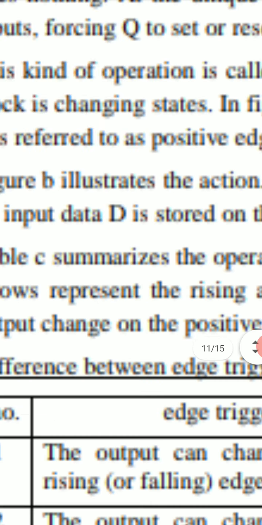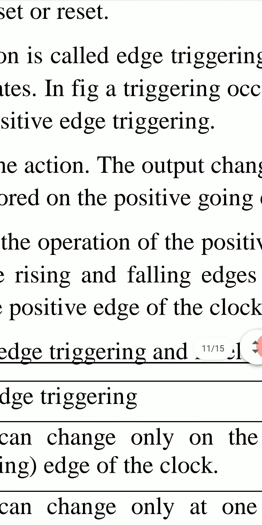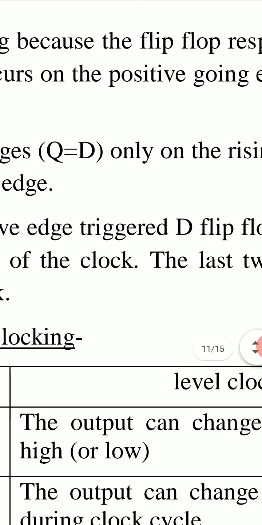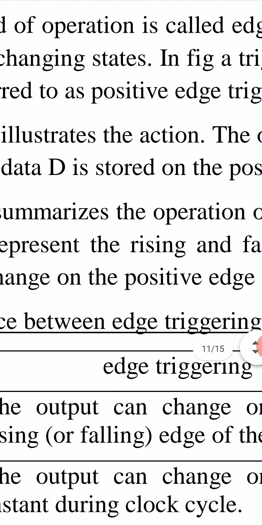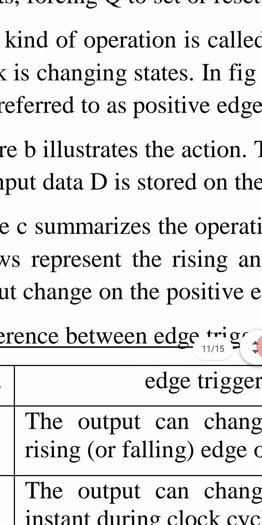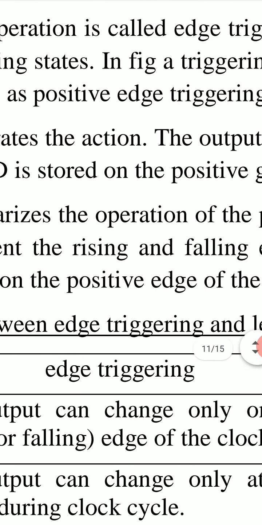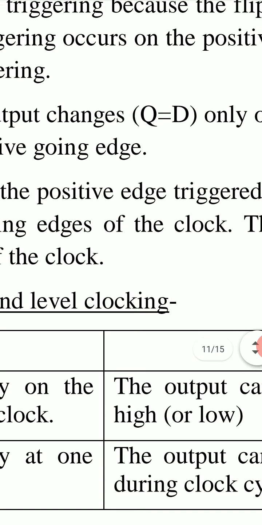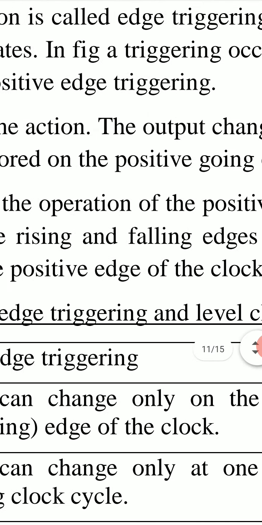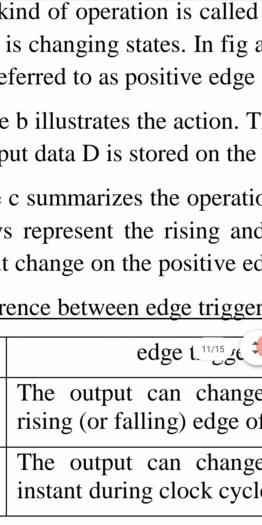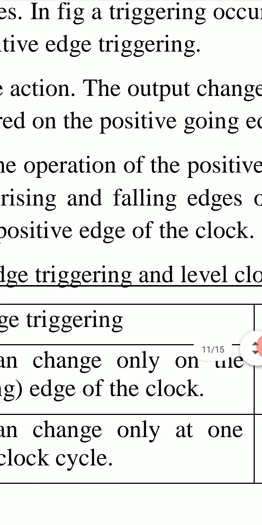This kind of operation is called edge triggering because the flip-flop responds only when the clock is changing states. In figure A, triggering occurs on the positive going edge of the clock, so it is referred to as positive edge triggering.